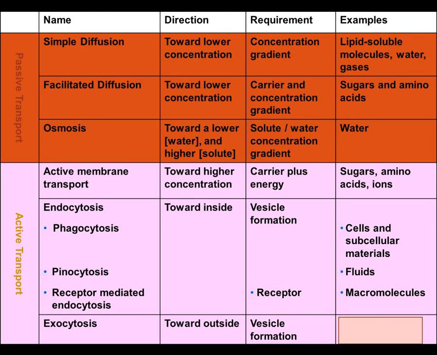For example, your hormone insulin gets made like this and gets exocytosed out. The messengers in your brain called neurotransmitters, same thing. They're exocytosed out. So it's a way to get a large amount of particles, probably water-soluble, out.